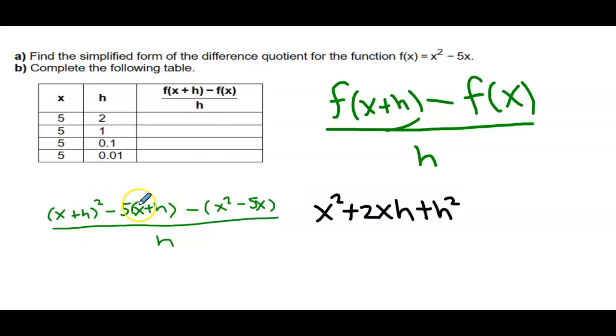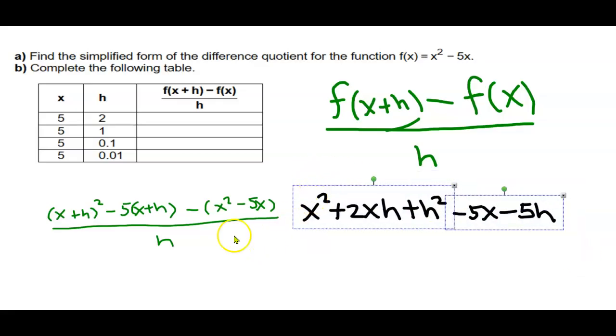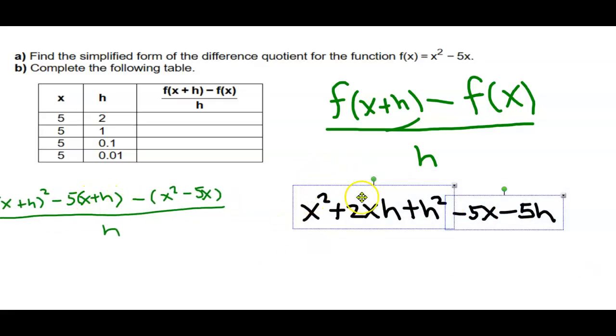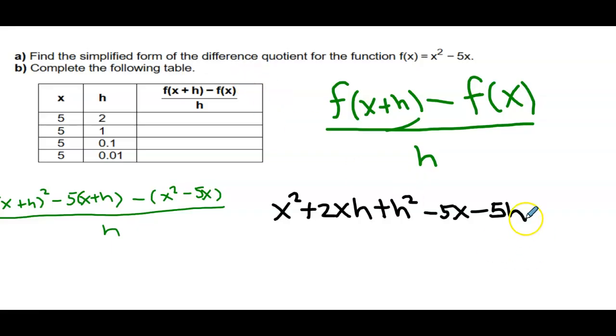Then we'll take care of the next term. This has a minus 5 out front of this x plus h, so we'll distribute the minus 5 in. There's minus 5x, and negative 5 times h gives us a minus 5h. And then in the third term up top, I've got that negative to distribute across the x squared, and then the negative 5x becomes a positive 5x.